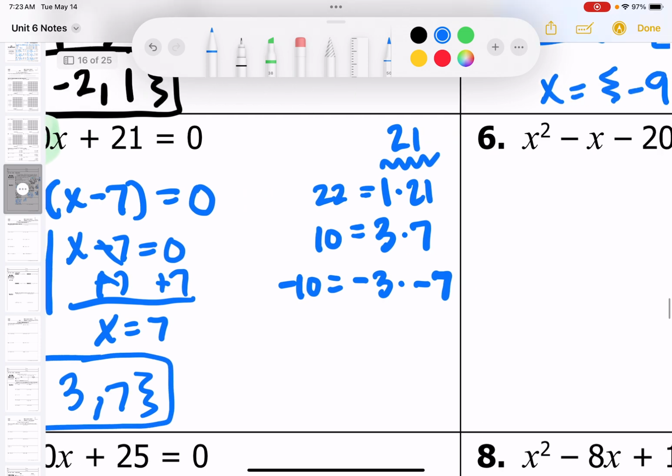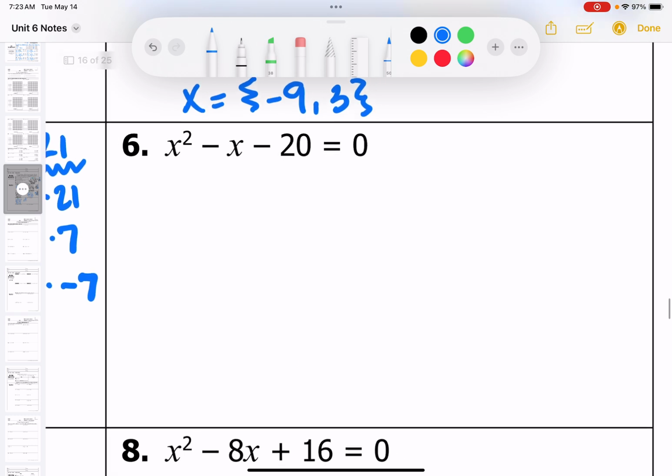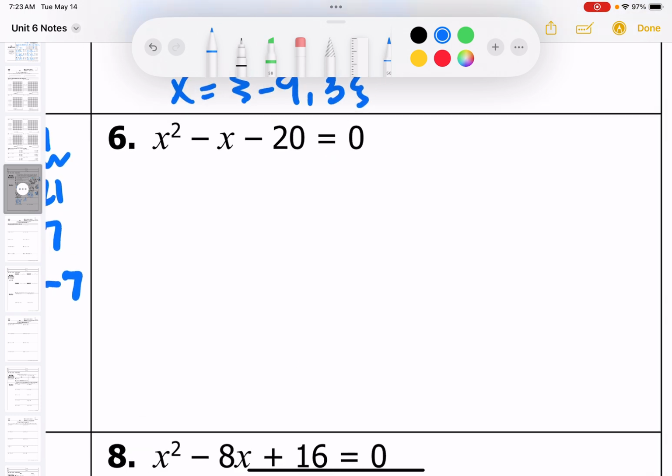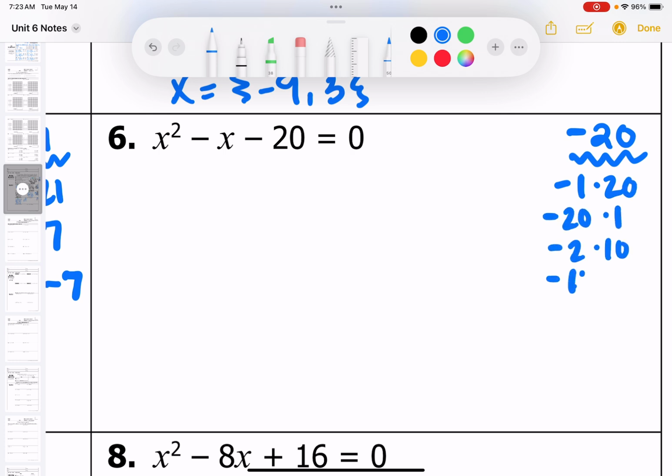All right, number 6. We have x squared minus x minus 20 equals 0. So it's already equal to 0, so I need to find things that multiply together to give me a -20. So -1 and 20, -20 and 1, -2 and 10, -10 and 2, -4 and 5, -5 and 4.